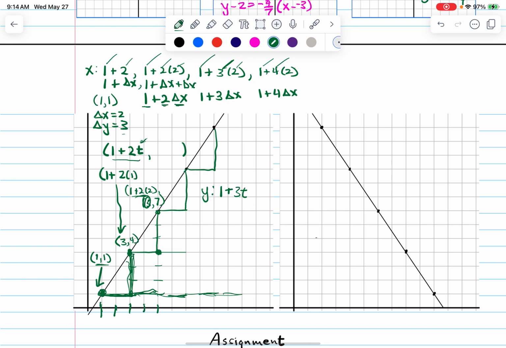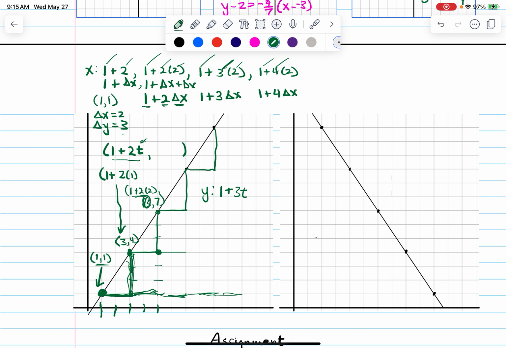So look here. When t is 0, we've got 1, 1, this point right here. When t is 1, what do we get? We get 4. 1, 2, 3, 4. Look at that. When t is 2, we get 7. 1, 2, 3, 4, 5, 6, 7.